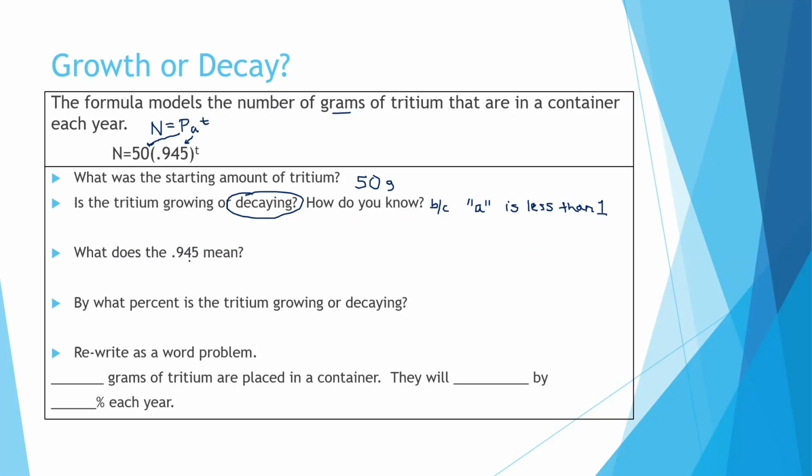What does the 0.945 mean? So we know that exponential problems are when there is percent growth or percent decay. And so this decimal truly means a percent, and it means the percent remaining.